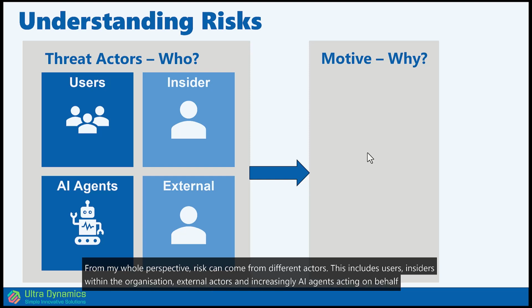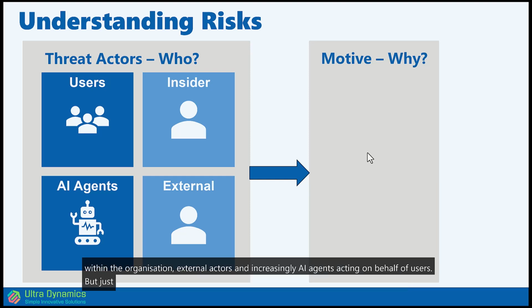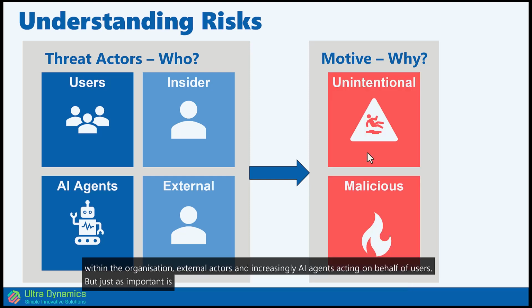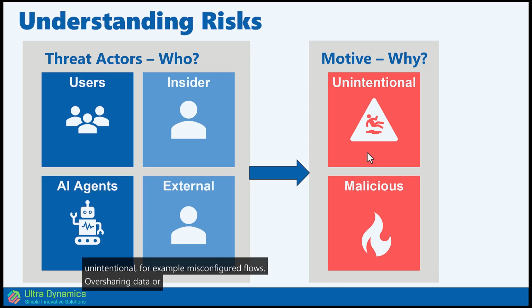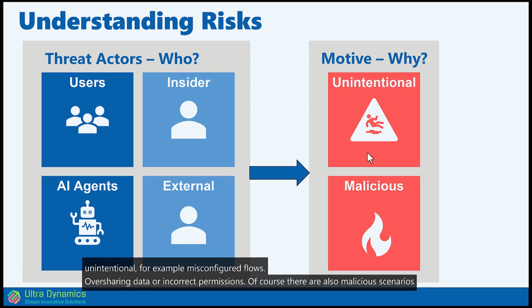But just as important is the why. Not all risks are malicious. In many cases, issues are unintentional. For example, misconfigured flows, oversharing data, or incorrect permissions. Of course, there are also malicious scenarios where someone is deliberately trying to exploit the platform.